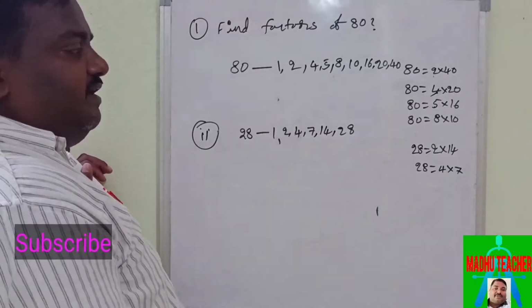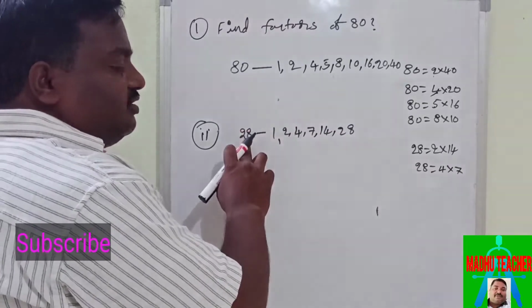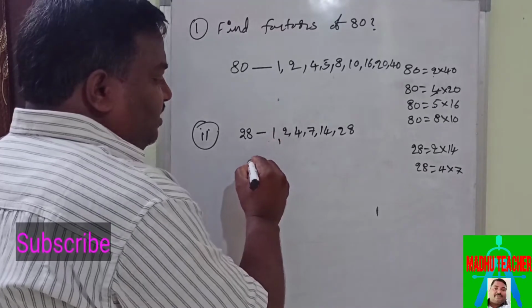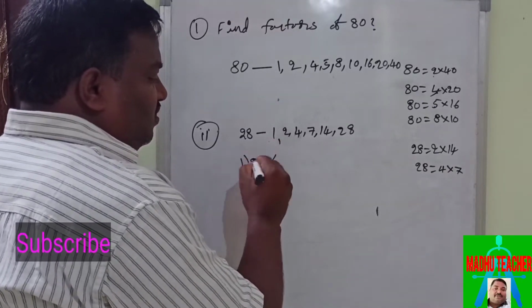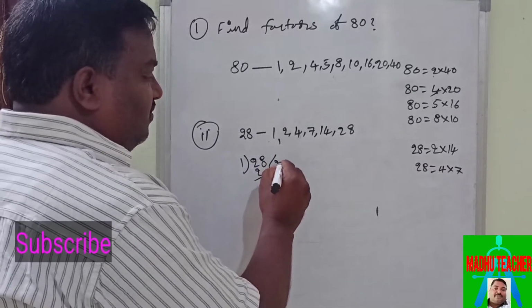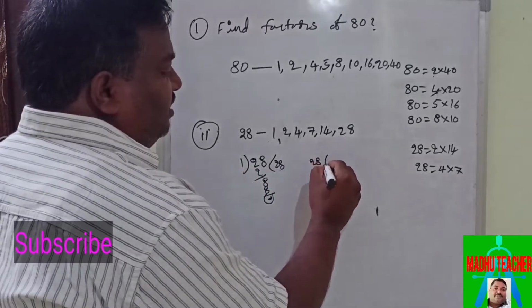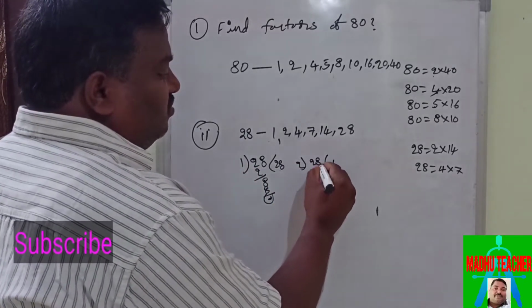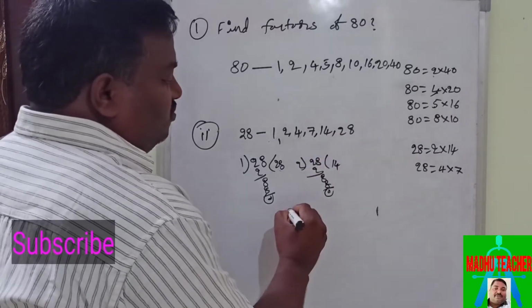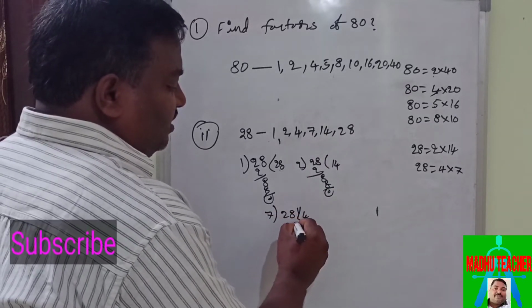Let us verify whether all these factors divide 28 exactly or not. So first of all, 28 divided by 1: 1 twos are 2, 8 ones are 8, 0 remainder. 28 divided by 2: 2 ones are 2, bring 8 down, 2 fours are 8. 28 divided by 7: 7 fours are 28.